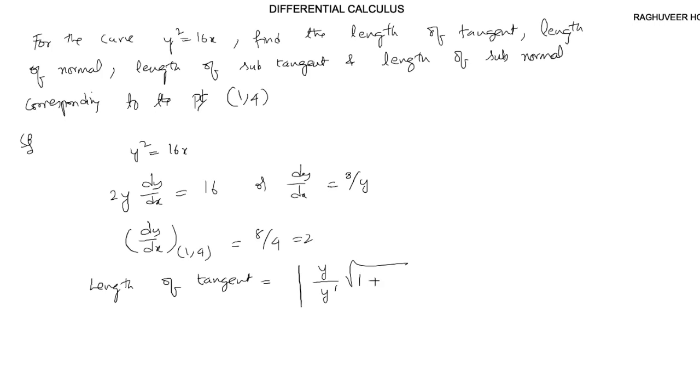Now length of tangent, which is y by y dash, times square root of 1 plus y dash square, at (1, 4), so that is 4 by 2 square root of 1 plus 4, that is 4 root 5 by 2.